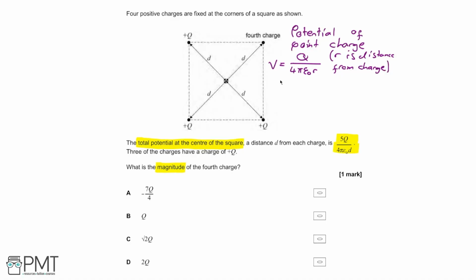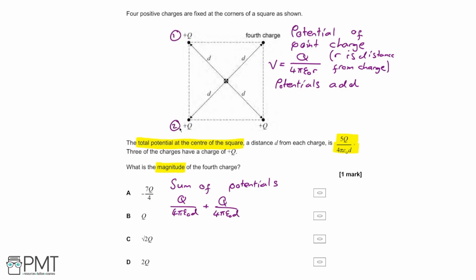The other fact we need is that the potentials add, and the potentials are scalar quantities rather than vector quantities, so it means we can add them directly. So, the sum of potentials is given by Q divided by 4 pi epsilon naught d, plus the same thing from the second charge, say. If I label them, these all give an identical quantity, but we should just label so we know exactly where they're coming from: 1, 2, and then 3.